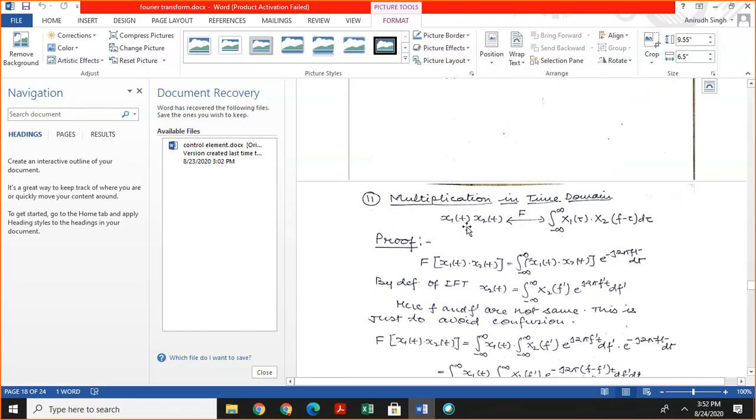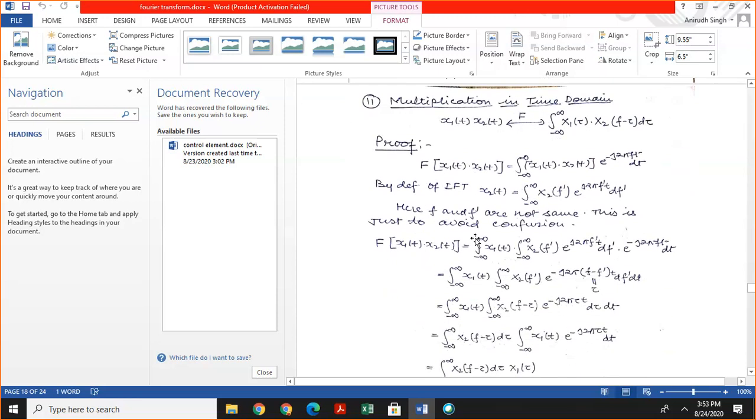Multiplication in time domain. If two time domain signals are multiplied in time domain, then their Fourier transforms will be convoluted in frequency domain. Taking the Fourier transform of the two multiplied signals x1 of t multiplied by x2 of t, according to the definition of the Fourier transform, we get this expression.